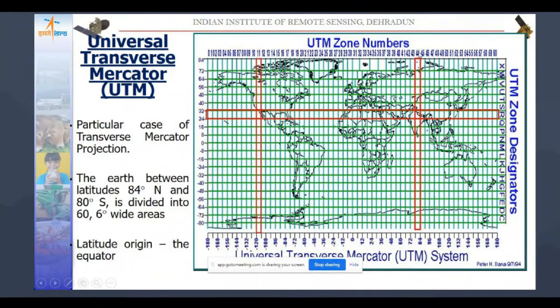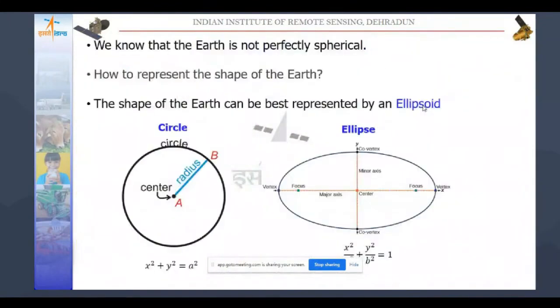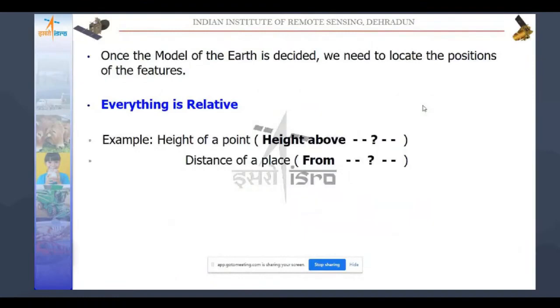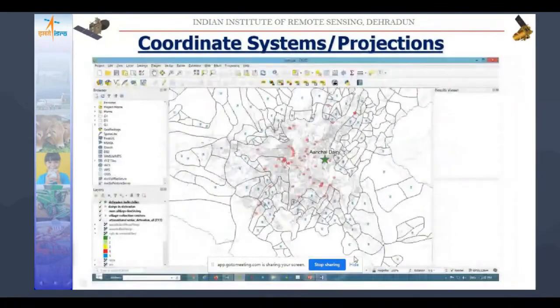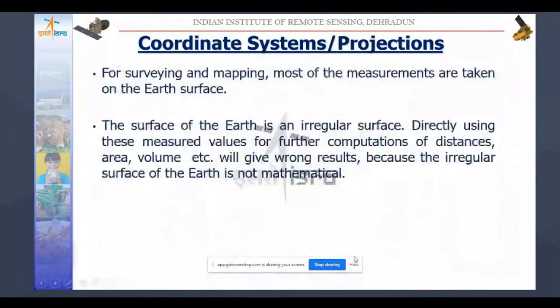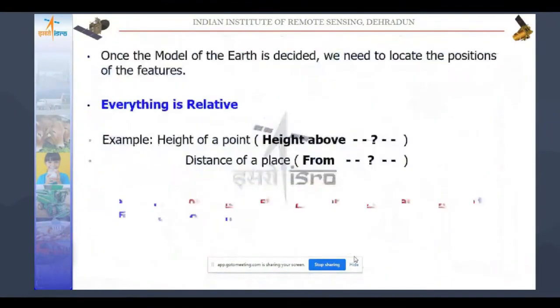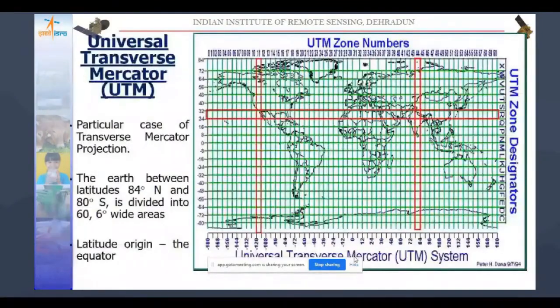Similarly, as I was telling you, in that figure you can see some meter values. These are basically in the UTM 44 coordinate system, WGS 84 and UTM 44. It means you had WGS 84 data, and then you projected it onto the UTM projection system, UTM 44.